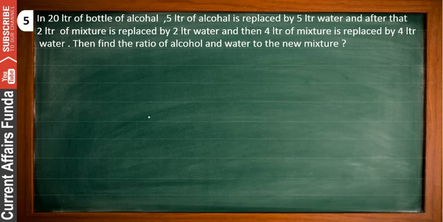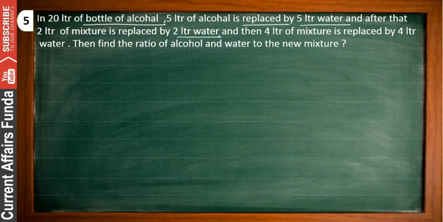In a 20 liter bottle of alcohol, 5 liter of the alcohol is replaced by 5 liter of water. That means you took out 5 liter of alcohol and added 5 liter of water. And after that 2 liter of mixture is replaced by 2 liter water.